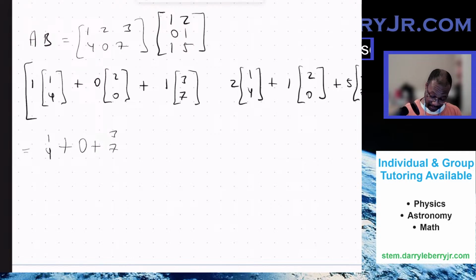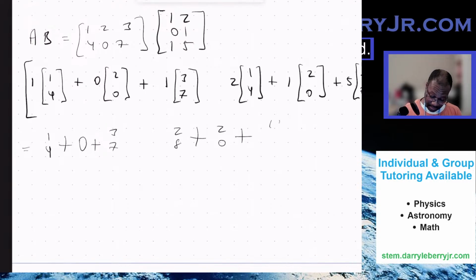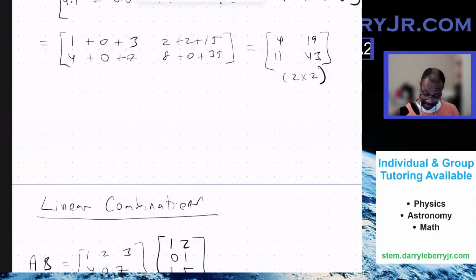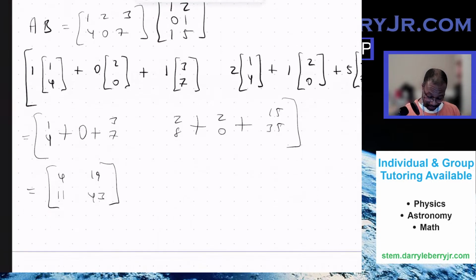And then we have (2, 8) plus (2, 0) plus (15, 35). So that's going to equal 4, 11, 19, 43. Same thing we got last time, and it's a 2 by 2. So we know from the principle that it is correct, right?